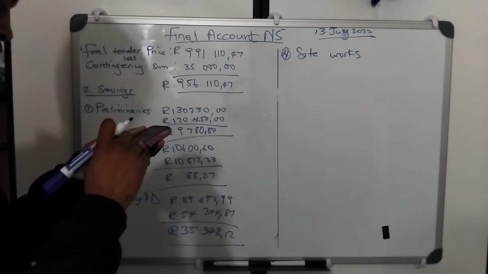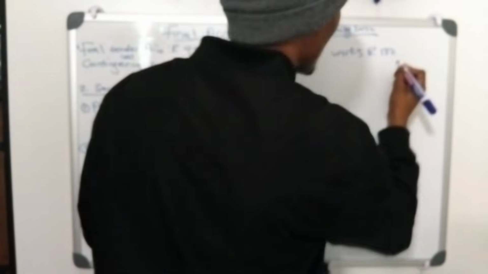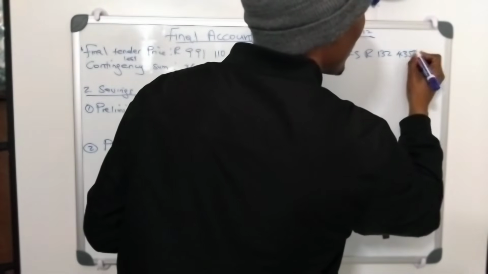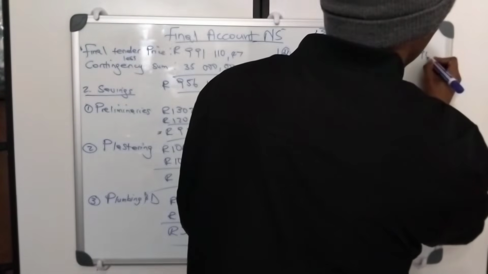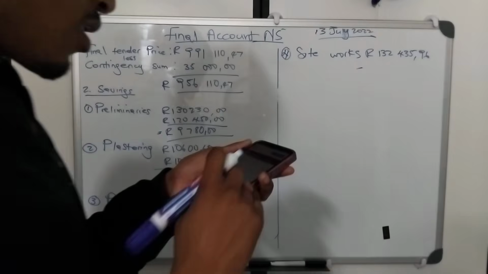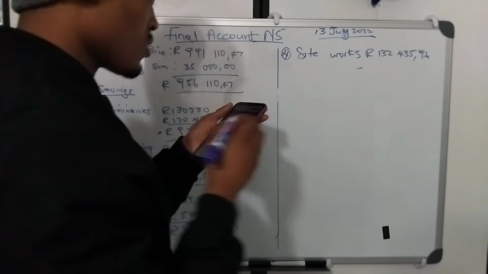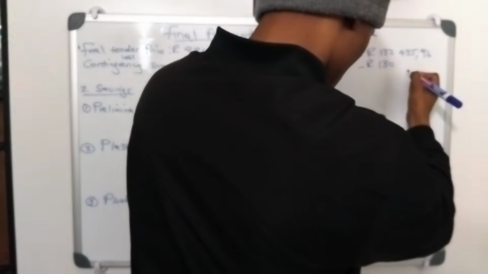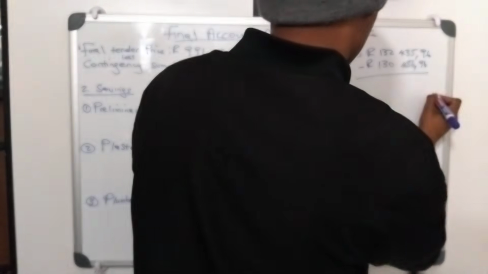The amount on the BOQ for site works is 132,435.96. Then the one on the store side is 130,456.96.